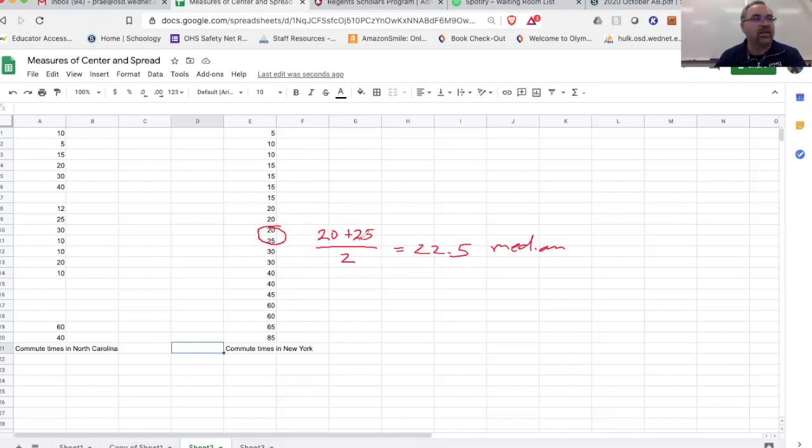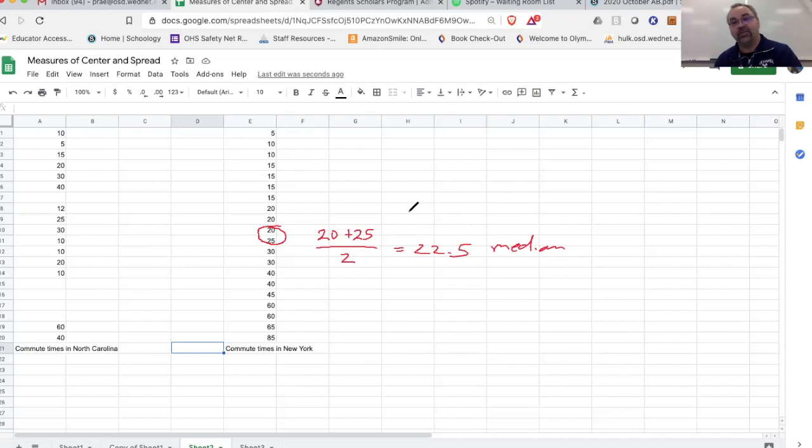You may notice that that's not really a possibility, right? We had them in whole minute increments. The median might not be a data point that's actually in your data set. The mean might not be a data point that's actually in your data set. If we go back to Kiwi Court, we got 2.9 million. Well, nobody was making that in our data set. That's okay.